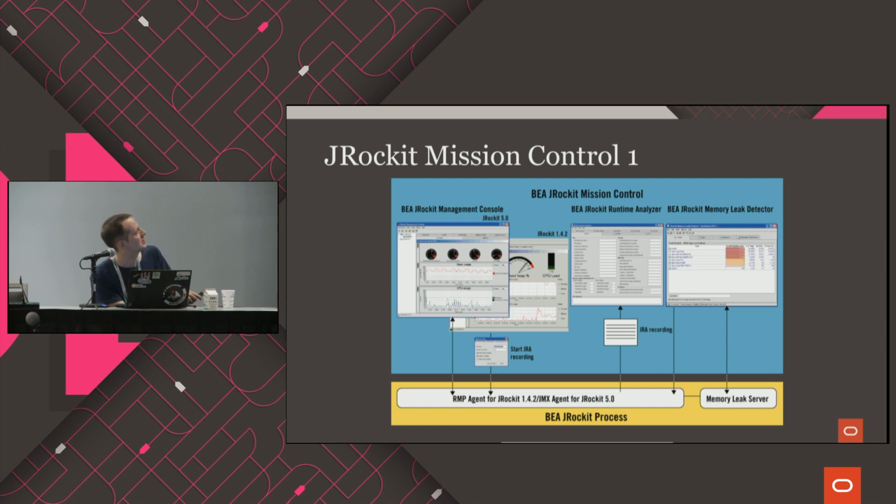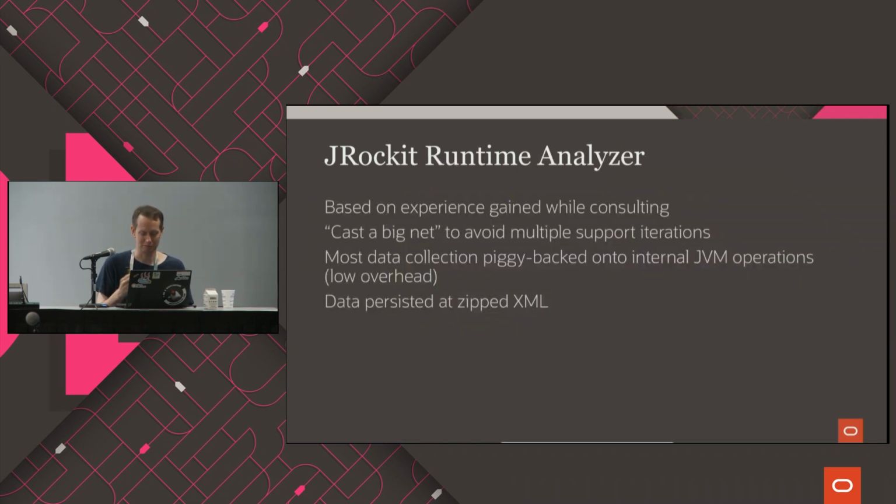But the really interesting thing is the JRocket Runtime Analyzer, which would eventually evolve into Flight Recorder. The runtime analyzer was what they had come up with after their experience doing all this consulting work, where they found it's really good to be able to cast a really huge net when trying to diagnose performance problems.